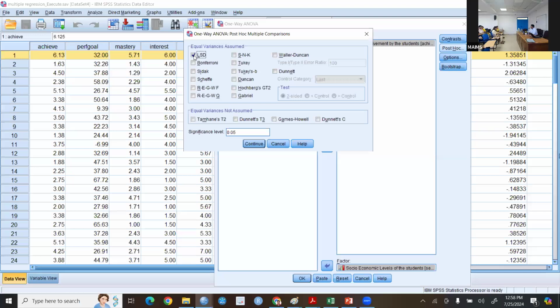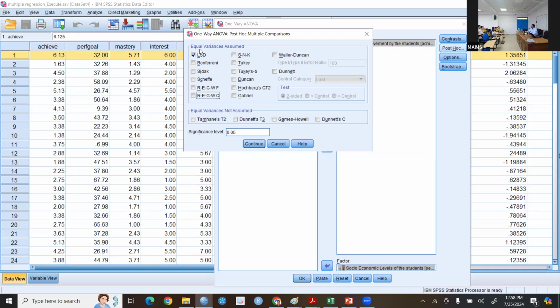Tukey. So every test is dependent upon different assumptions. जैसे कि ये REGWQ है, this assumes कि बॉयज भी 30 थे, गर्ल्स भी 30 थी. अगर 30-30 इक्वल रिप्रेजेंटेशन है तो आप REGWQ लगाओगे. तो एवरी टेस्ट हैज गॉट हिज ओन assumption, बट द बेसिक लेवल ऑफ टेस्ट इज LSD.